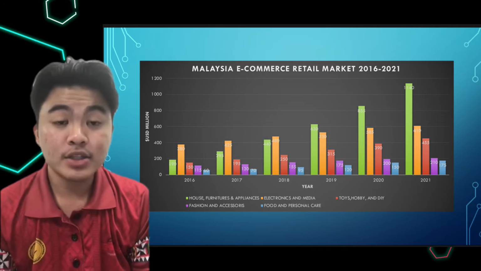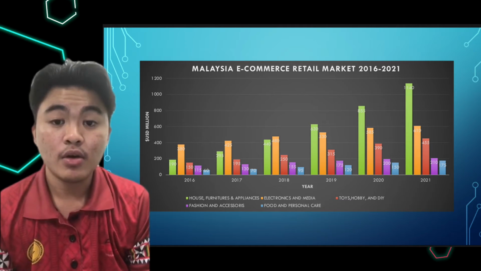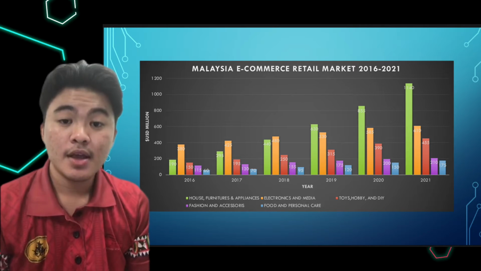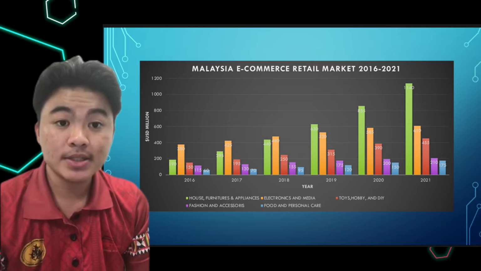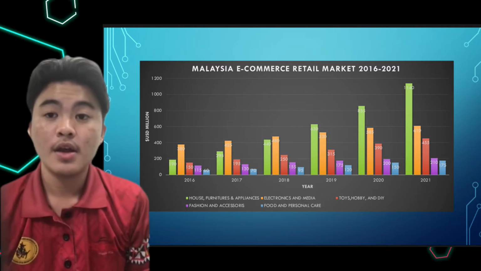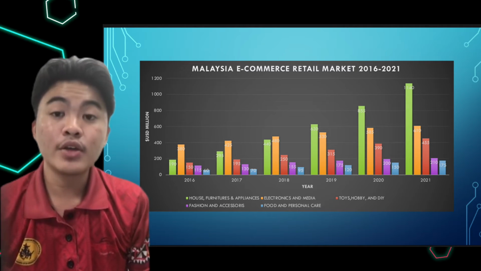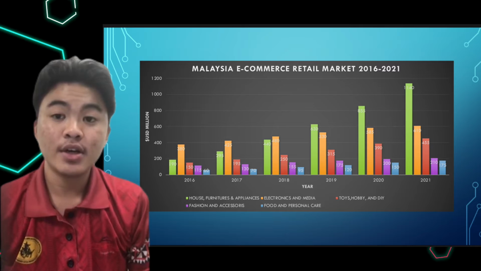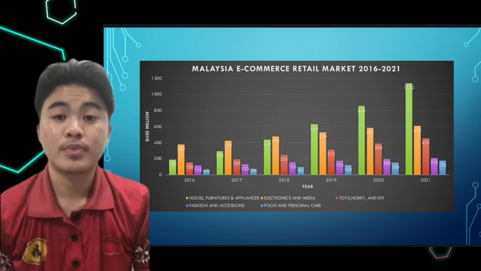Moving on to the market trend that was shown in the charts based on the given data. As we can see, the chart is showing us positive numbers from year to year. For example, the electronics and media market with the orange column is increasing gradually each year with a small gap of differences within the previous year.